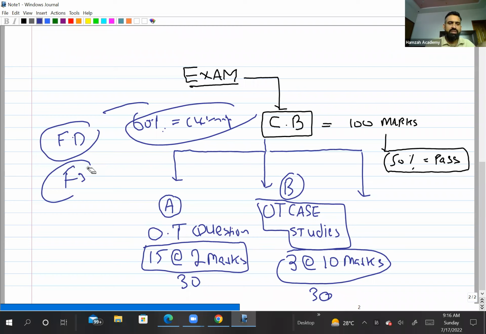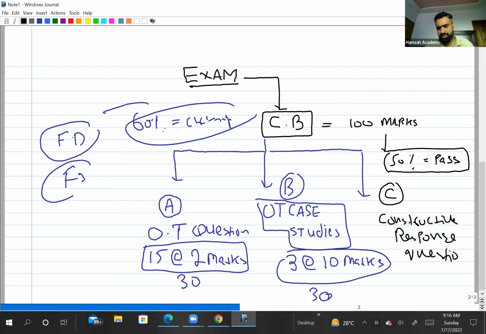Then we have Part C. Part C is the constructive response question. In a constructive response question, we have a proper question which we will answer using a spreadsheet or word format.